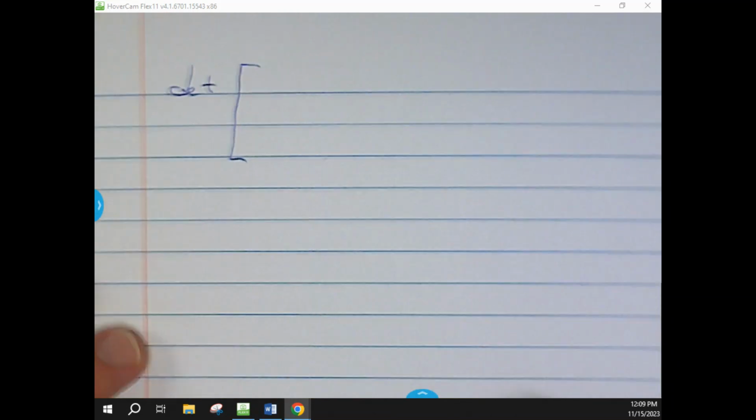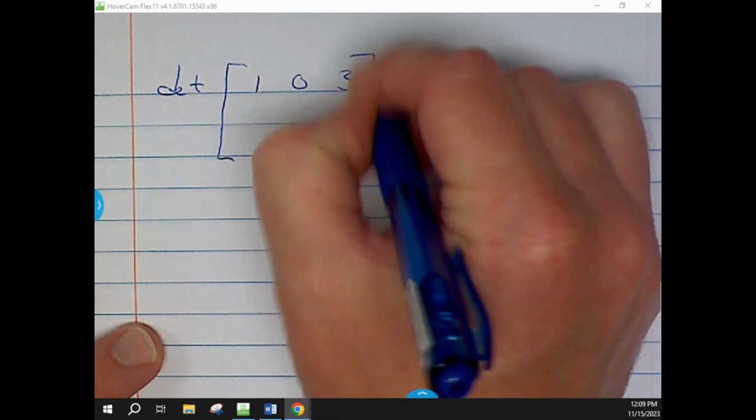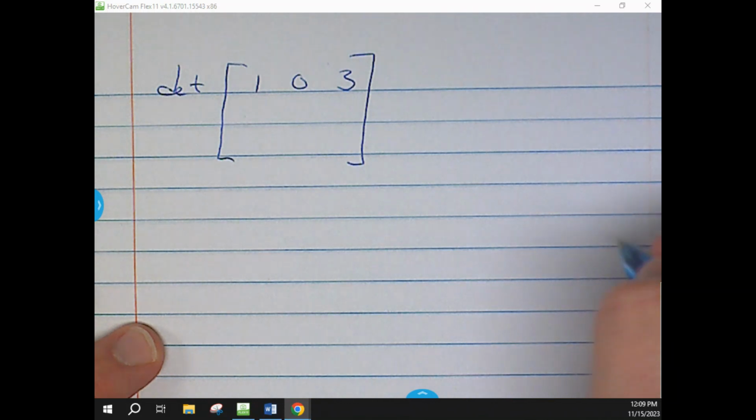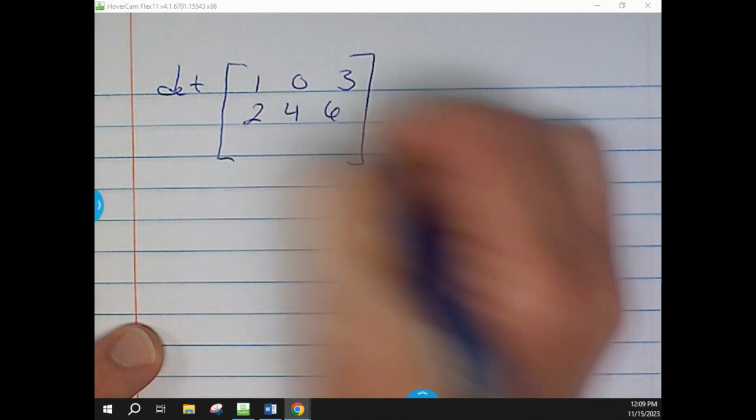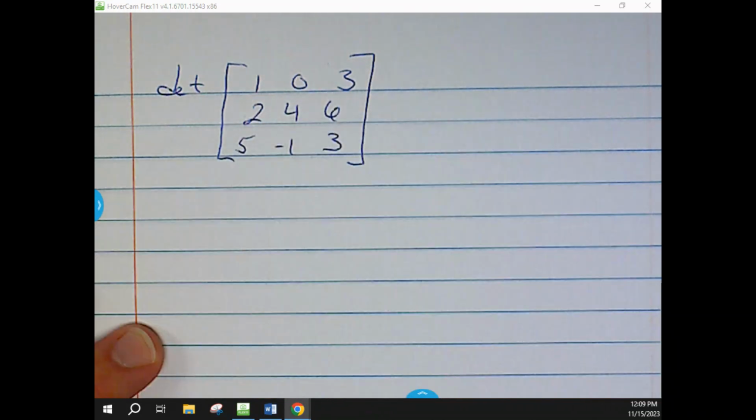All right. So we're going to find the determinant of, let's go 1, 0, 3, 2, 4, 6, and then 5, -1, 3.